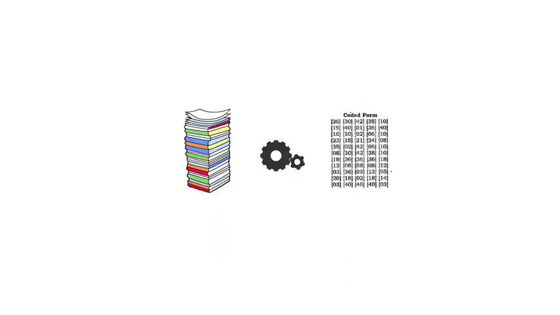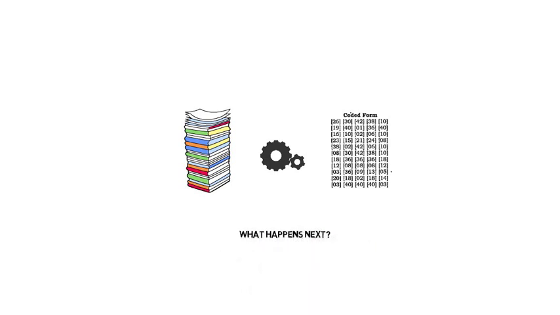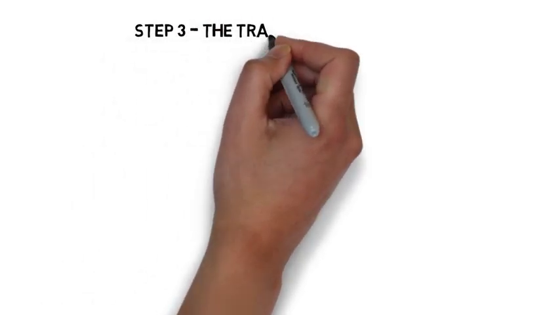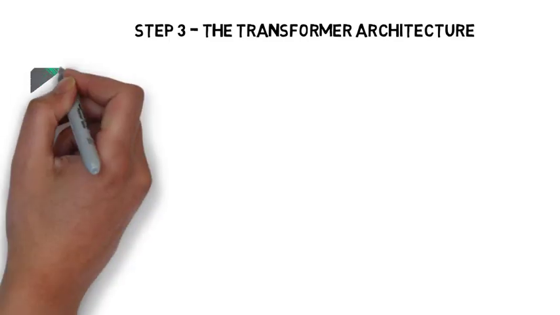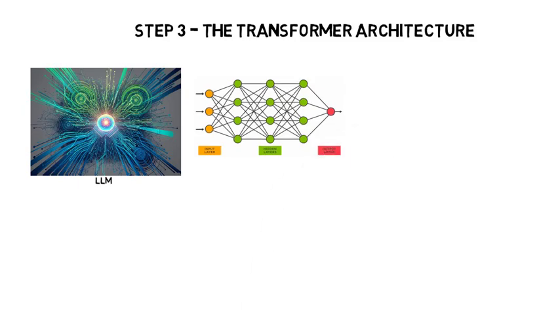Now that the massive data is collected and converted to tokens, where does this go next? That brings us to our step number 3, the transformer architecture. At the heart of an LLM is a neural network architecture called the transformer. Transformers have an ability called attention.